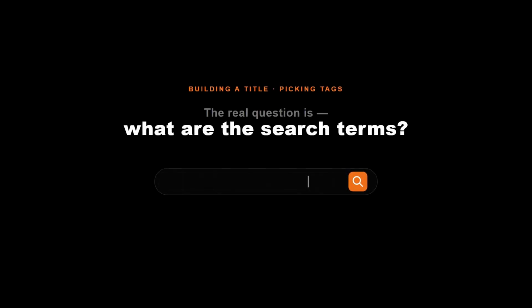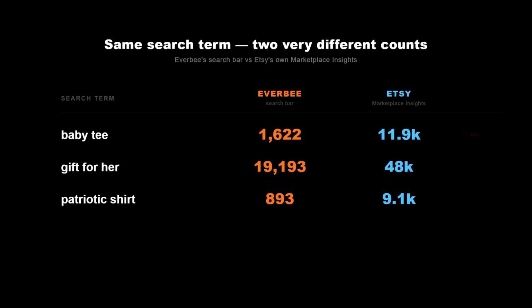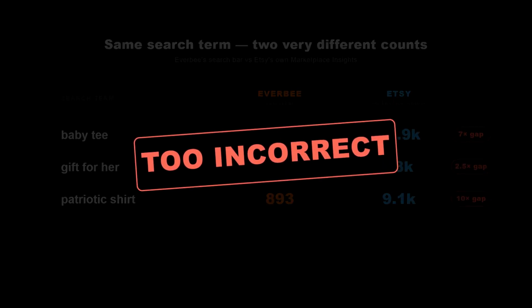I think the bigger question that I ask myself when I'm sitting down to build a title or put in tags is really trying to figure out what the search terms are. And the more I dug into the search terms and the counts that Everbee was providing in the search bar compared to what Etsy has in Marketplace Insights, I just decided it was too incorrect.